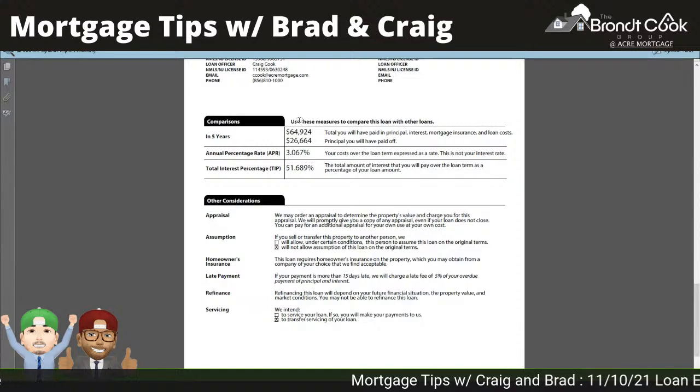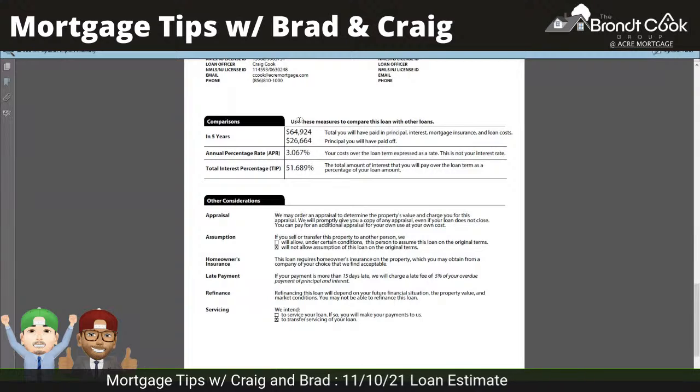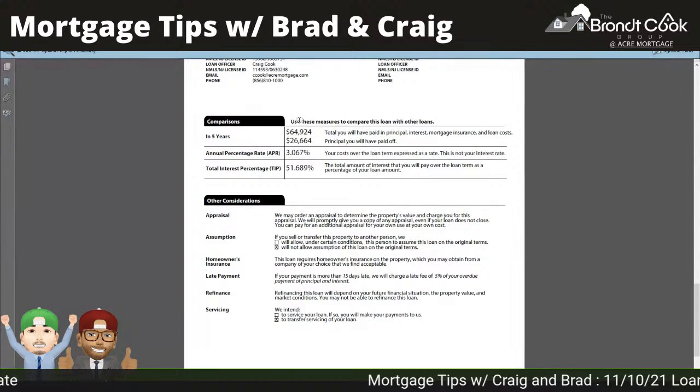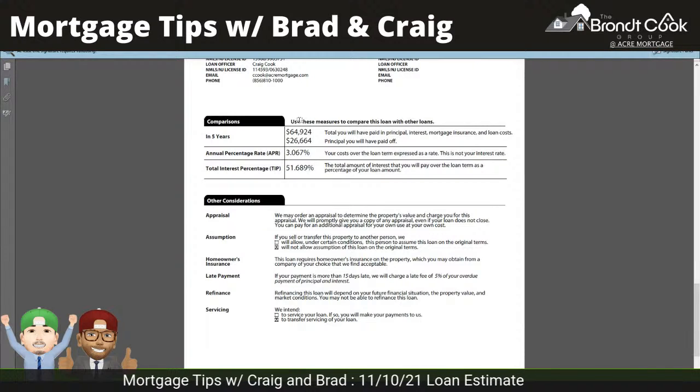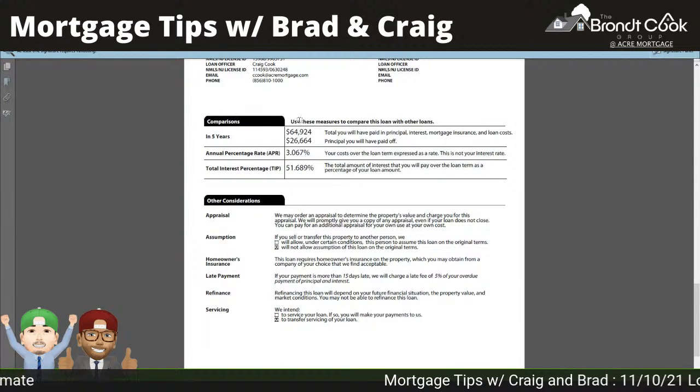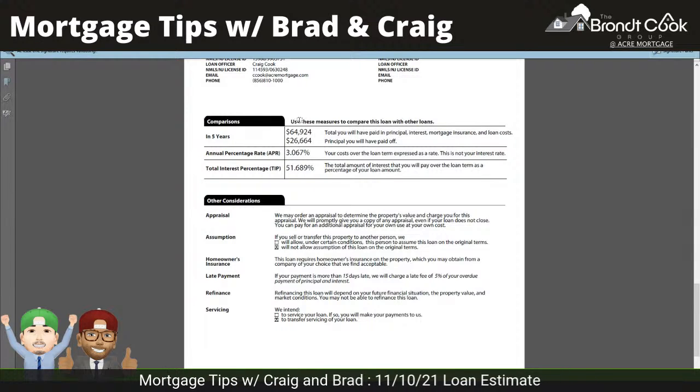Your APR. And even in this section, a lot of people look at the APR and they're like, well, why is my APR higher than my interest rate? Your APR is an indicator, and it tells you all the costs involved with the loans that are related to finance charges. So if you had no finance charges for a loan at all during the short term, at settlement, and through the life of the loan, your note rate and APR would be exactly the same, right?